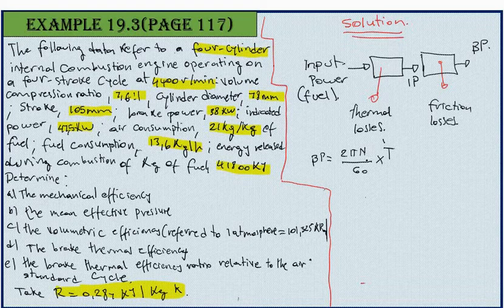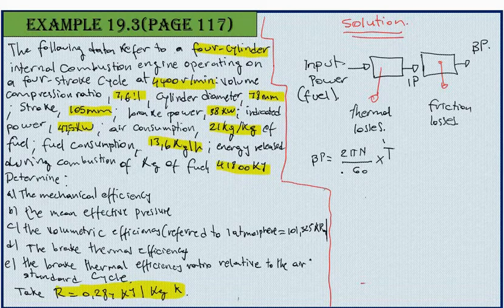We are given the rotational speed. In this case, as you can see, the rotational speed is expressed in revolution per minute. If it was expressed in revolution per second, we wouldn't include that 60.